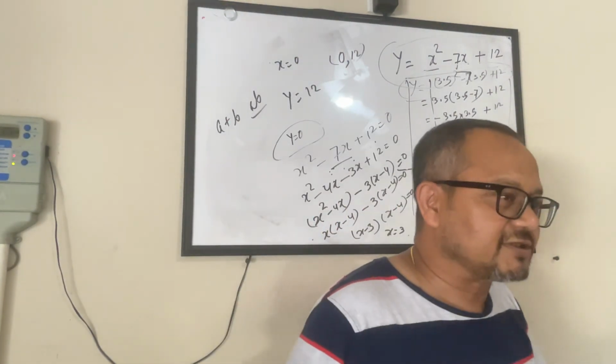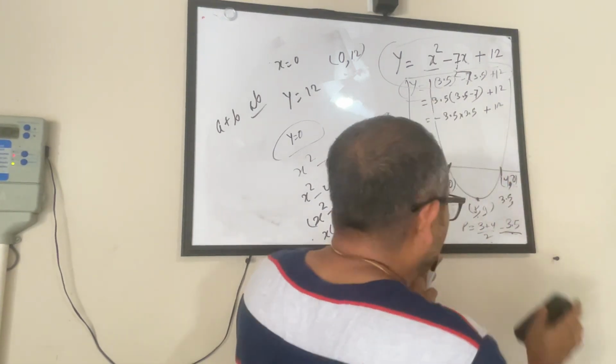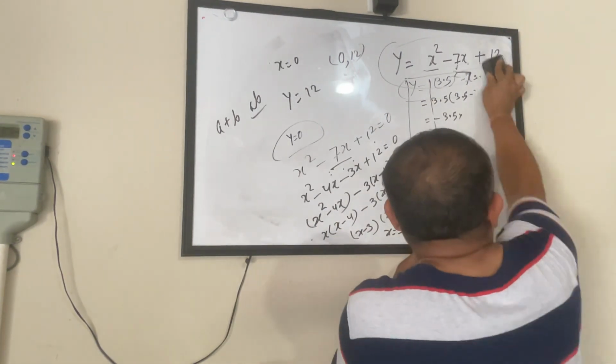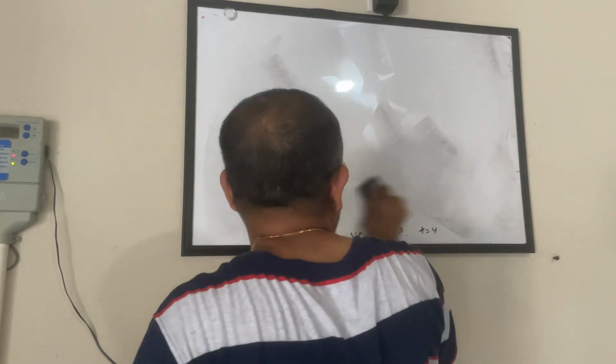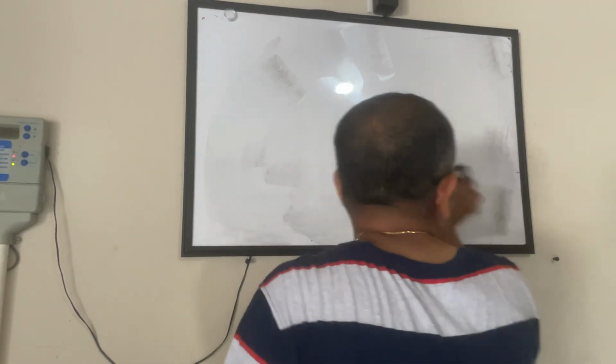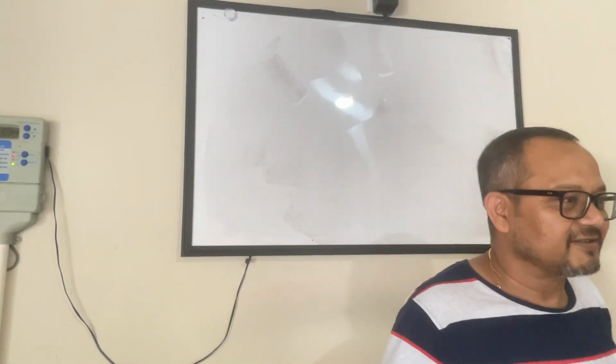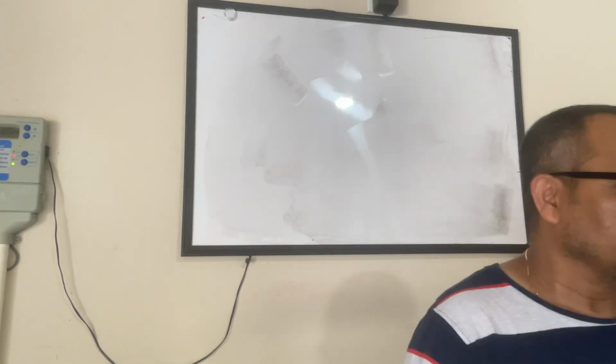Up to this much, I feel a little worried. Am I able to explain it okay, or is it looking difficult? Is it okay so far, or difficult? It's okay? Honestly speaking, I'm myself not confident.